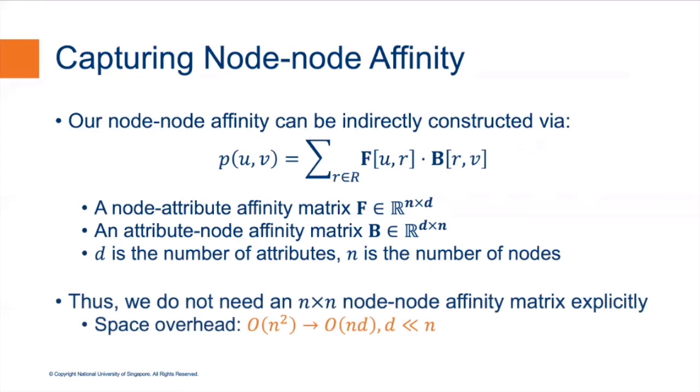The advantage of this indirect approach is that we only need to construct matrices to store the node attribute affinities and the attribute node affinities, and each matrix takes big O(ND) space, where N is the number of nodes and D is the number of attributes. In contrast, if we directly construct a matrix to store the node-node affinities, then it takes big O(N^2) space.